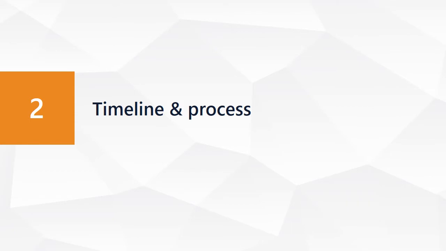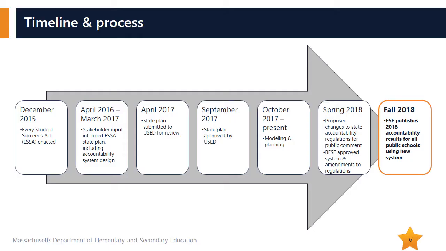Before we review the new system, it is important to understand the steps that were taken to get us to this point. The need to redesign our district and school accountability system began in December of 2015 when the Every Student Succeeds Act, or ESSA, was enacted.